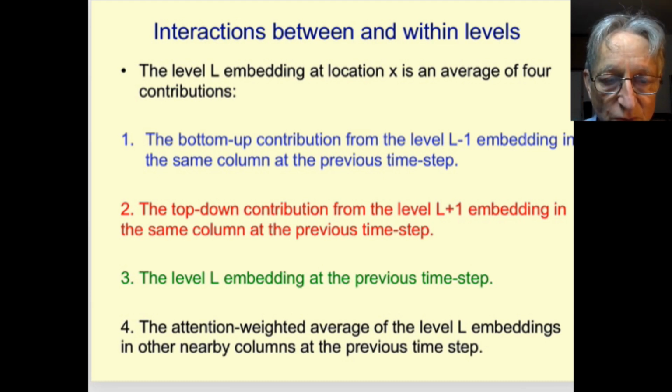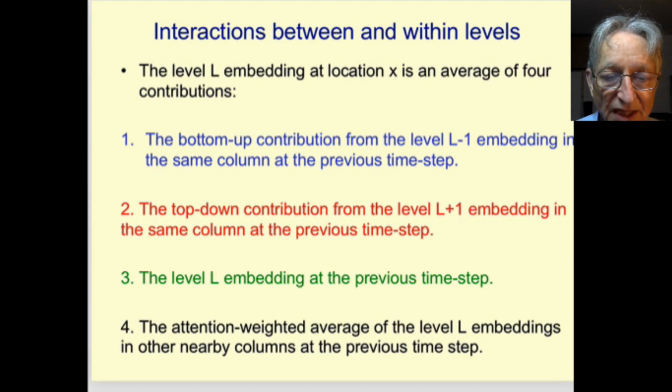Between locations, we're going to do something like transformers, but much simpler. We're going to allow locations to interact with nearby locations simply by averaging the embeddings. In other words, each location will predict that the embedding of its neighbours should be the same as its location. But these will be attention-weighted averages.